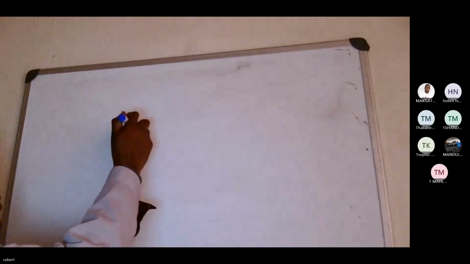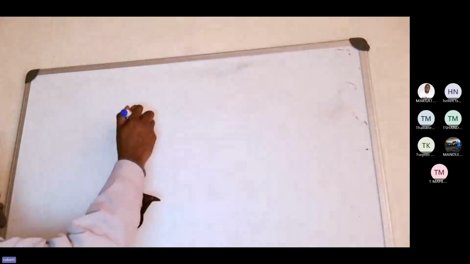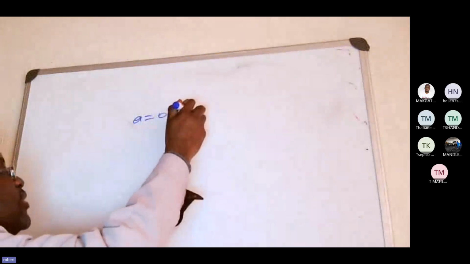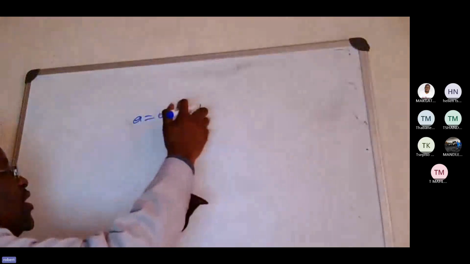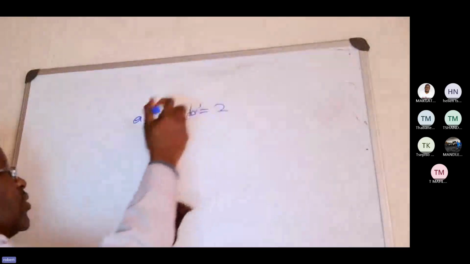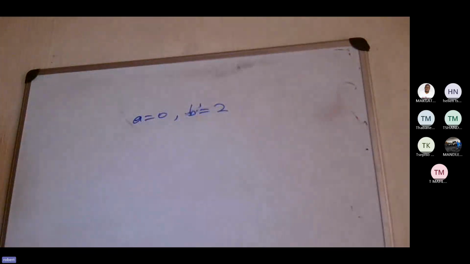You don't use x0, you don't use x1, I mean, in the substitution. Remember, we have said this is x0. We have said A is 0 and B is 2.